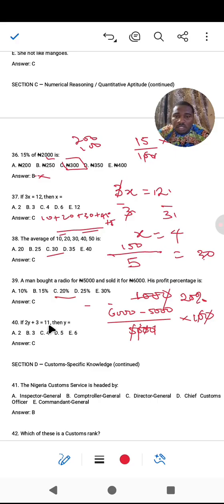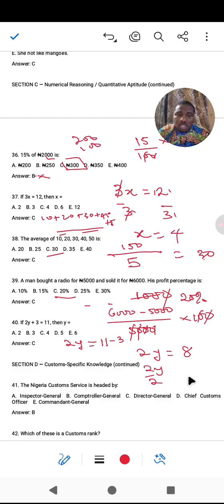2y plus 3 is equal to 11. So you do what we call collecting like terms. This one that does not have a variable like y, you take it to one side. So this is minus 3. So you have 2y at the end of the day is equal to 11 minus 3. 11 minus 3 is 8, right? So y, you now divide both sides by 2.